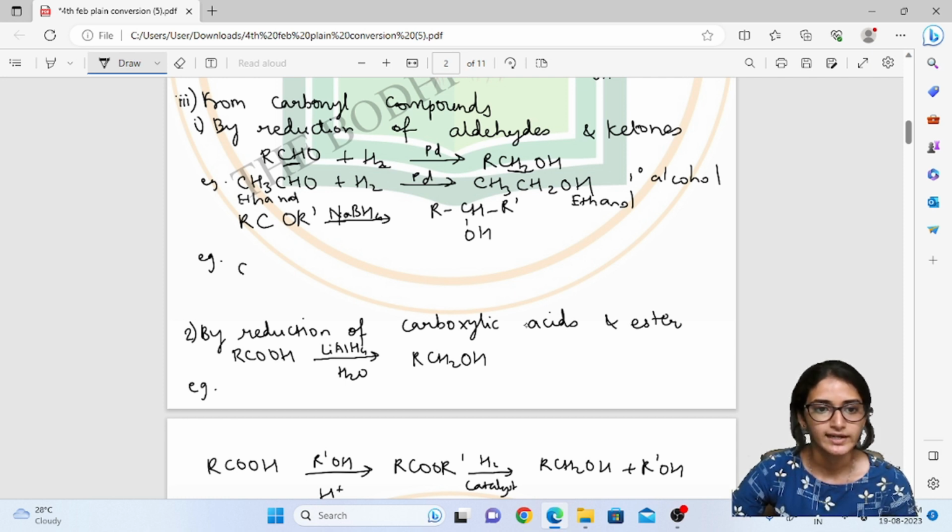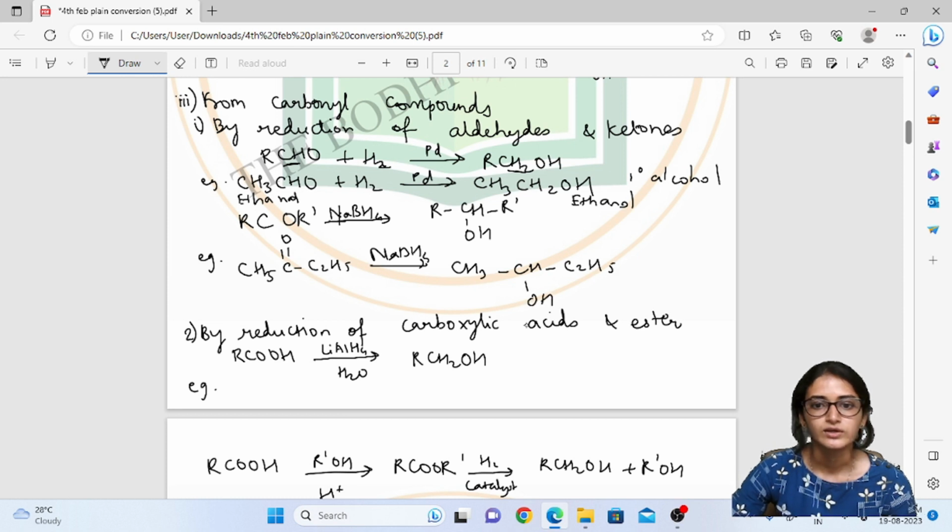So I will write an example here: CH3 C double bond O C2H5. I have taken different alkyl groups here, in the presence of sodium borohydride. I will get CH3 CH C2H5 and OH. So this is the corresponding alcohol I will get.